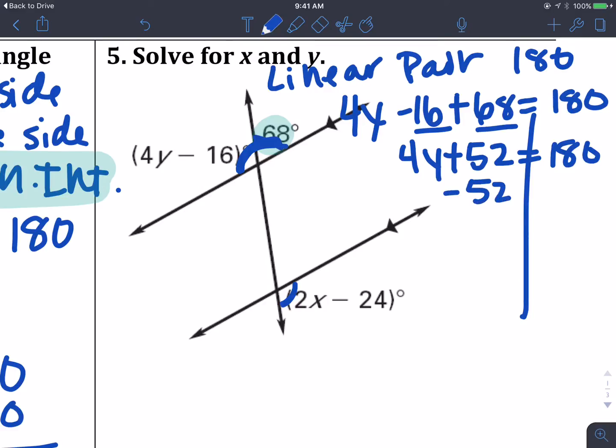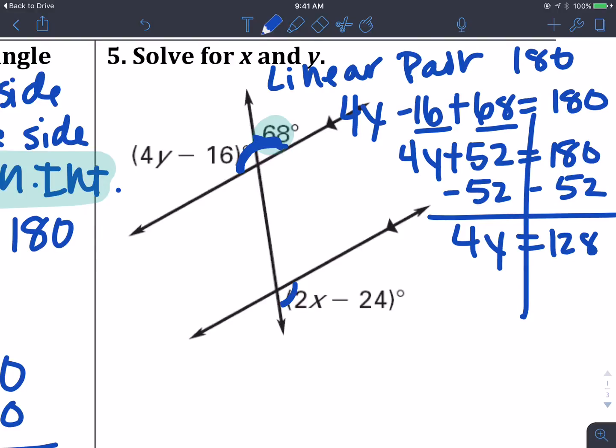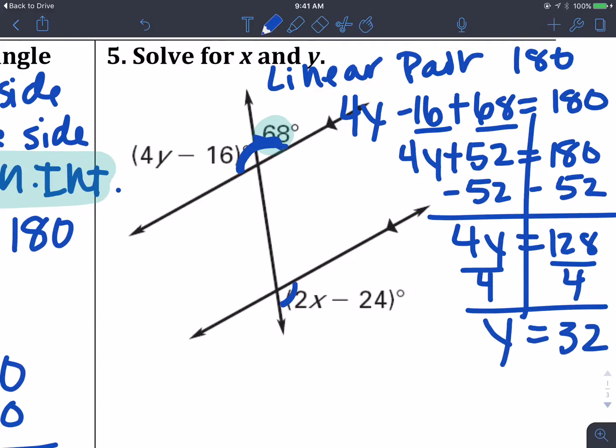So minus 52, 4y equals 128. Divide by 4. And we get y equals 32. So there's our first answer.